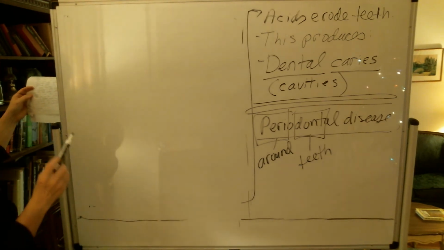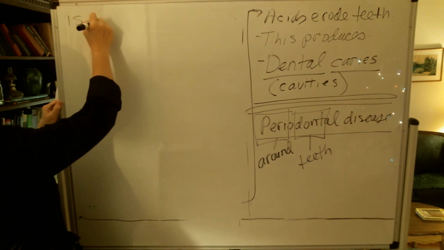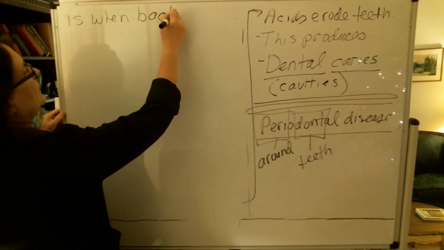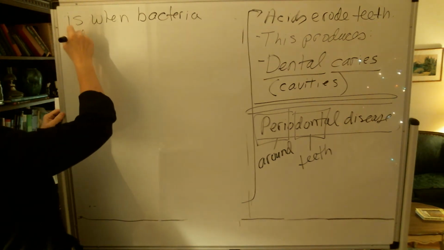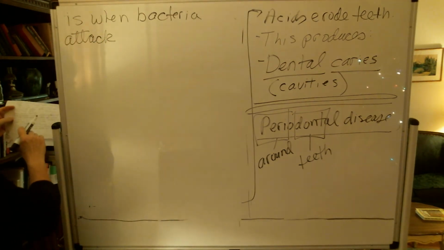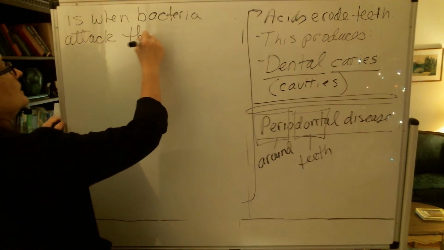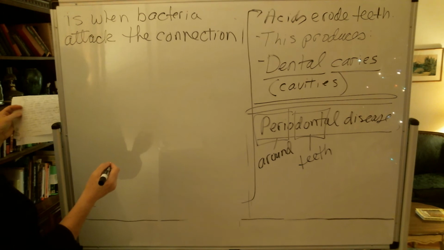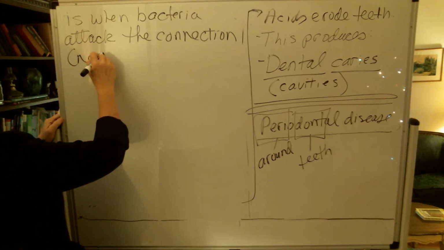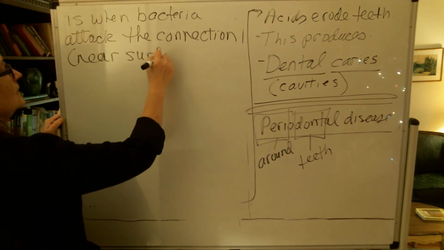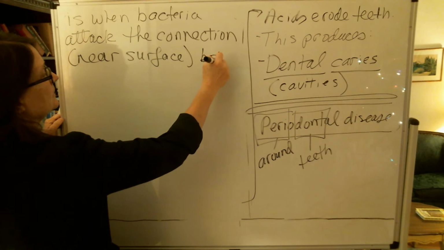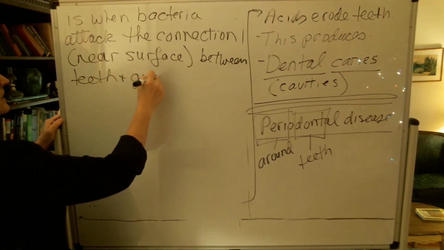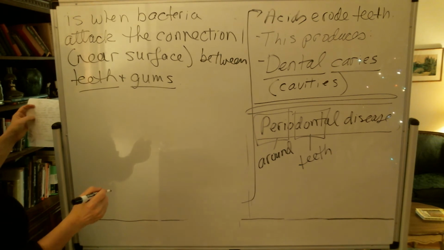So periodontal disease, then, is when, still having to do with bacteria, bacteria attack the connective tissue connection near the surface between your teeth and your gums.